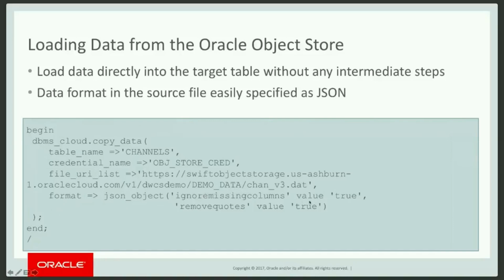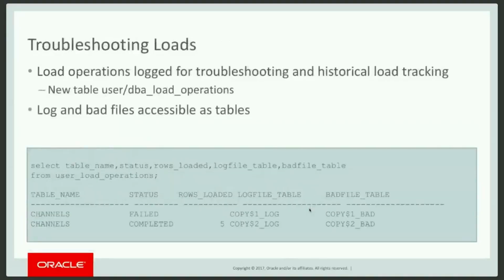Ignore missing columns, true. Do we remove the quotes? Yes, true. So on and so forth. If you do this through SQL Developer, it takes care of all of this for you, generates the relevant data. But if you want to do it manually yourselves, this is, if you like, a template of how you would do it.